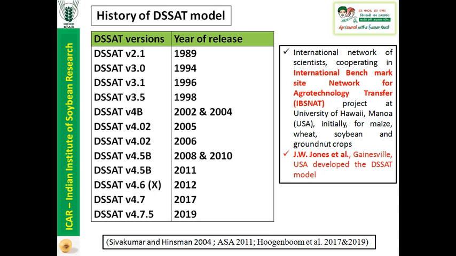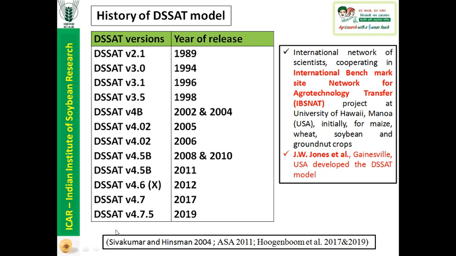The group of scientists who were working in the International Benchmark Sites Network for Agrotechnology Transfer, that is the IBSNAT project at the University of Hawaii, USA, developed this DSSAT model initially for four crops: maize, wheat, soybean, and groundnut. They released DSSAT version 2.1 in the year 1989. After that, they modified this model and added different components to version 2.1, and released several versions year after year.